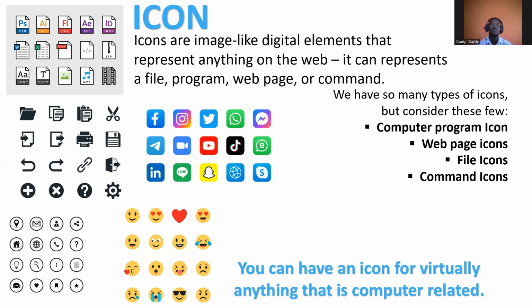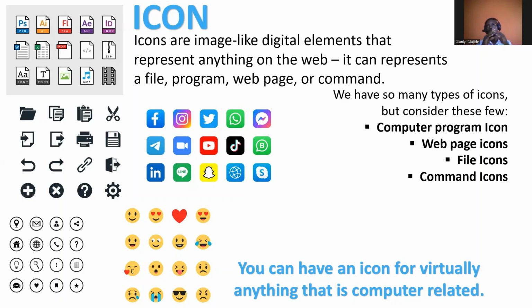For example, we have medical related icons like hospitals, you see like a hospital building and all of that. Then you can also have business related icons, where you have the piggy vest or cash or whatever it is that is business related. So virtually anything on the web space, you can have an icon for it.